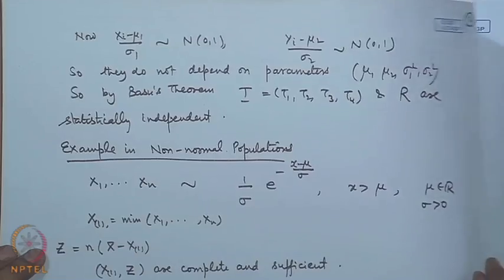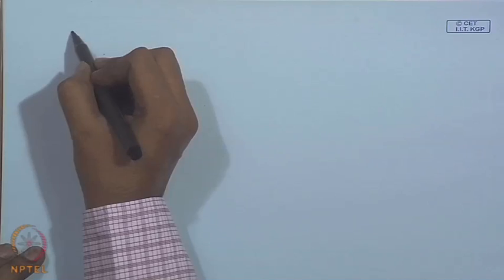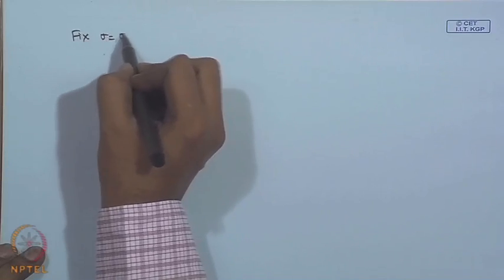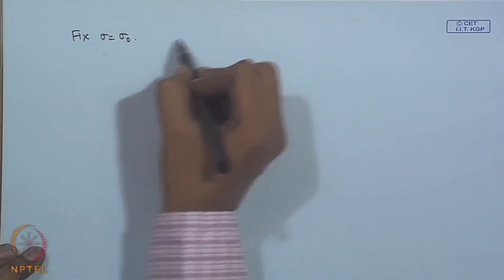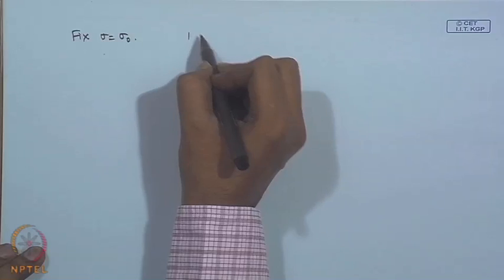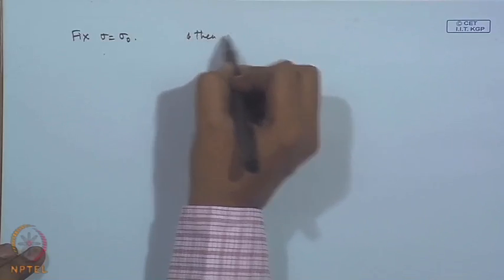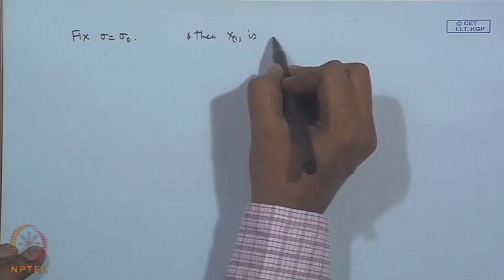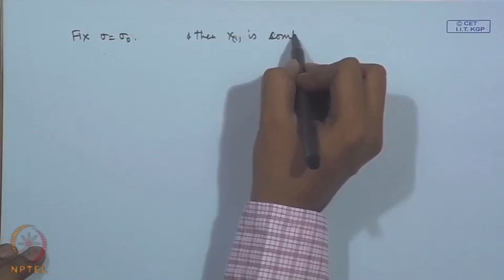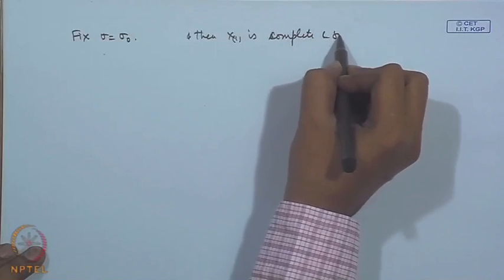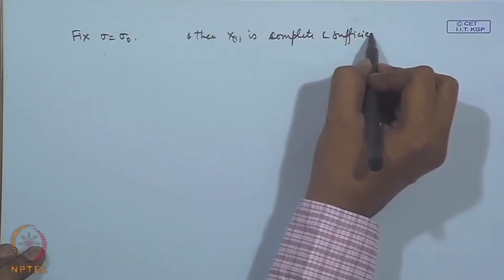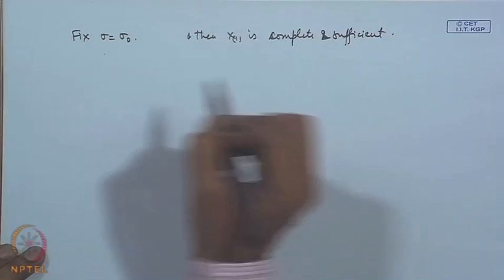Now, if I fix sigma equal to sigma naught, then what happens? We will get that x 1 is complete and sufficient.